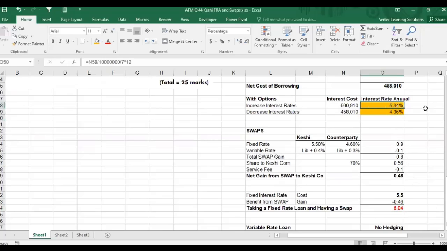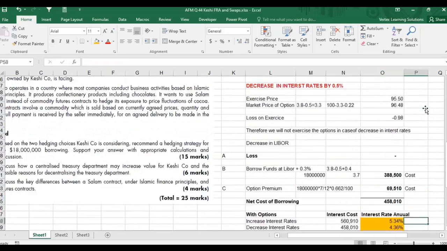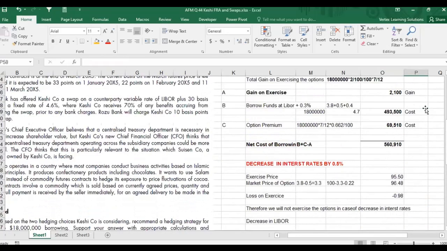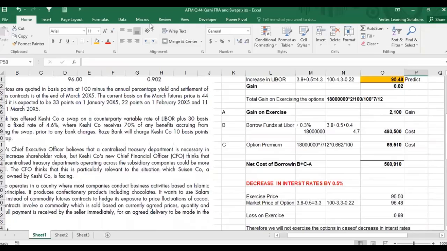Why is this 5.34 too high? Because if you pay attention, even if interest rate moves in your favor and you make a gain, that gain is nothing compared to the option premium which you are paying. Your option premium is huge. So even if you make a gain of like 0.5%, that gain is insignificant, and therefore the percentage has gone up so much.